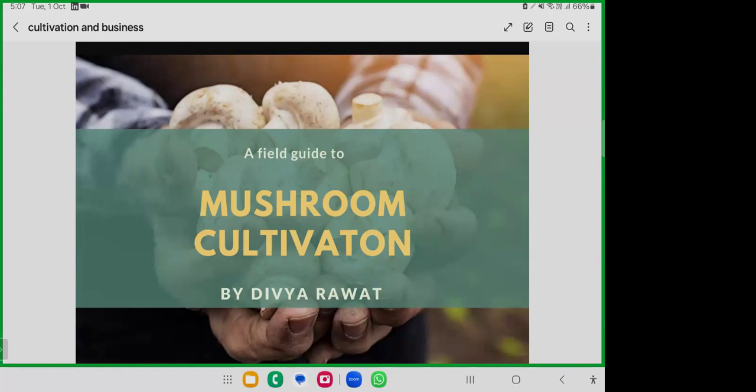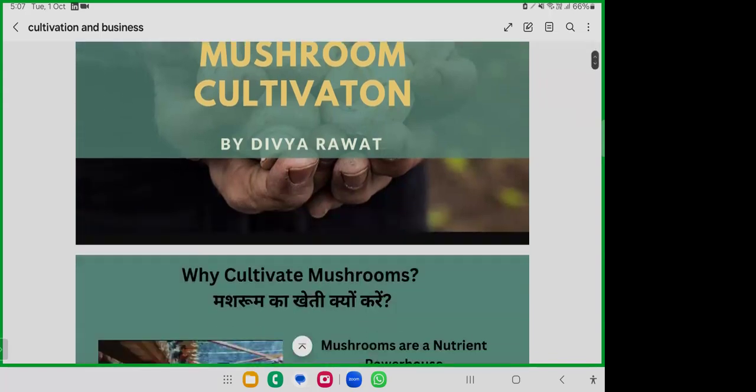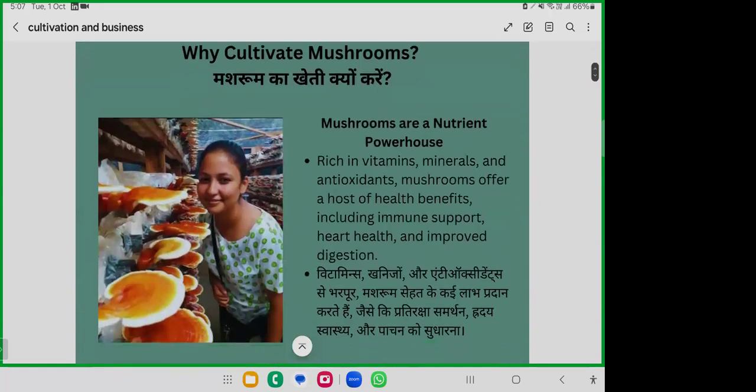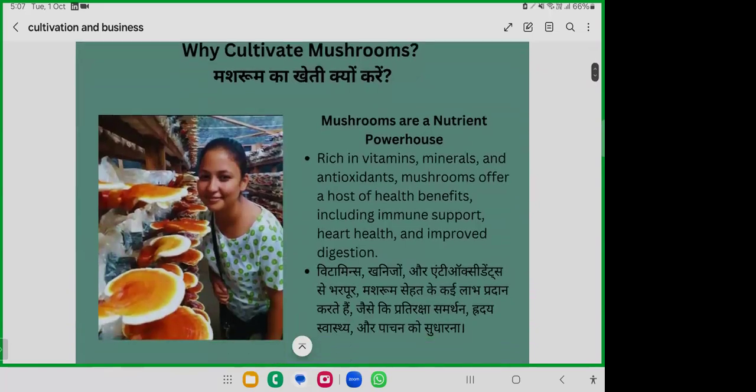Then why do we need to do mushroom cultivation? Why is mushroom cultivation one of the best opportunities when we talk about business? One of the things we need to understand is the positive things in our product.